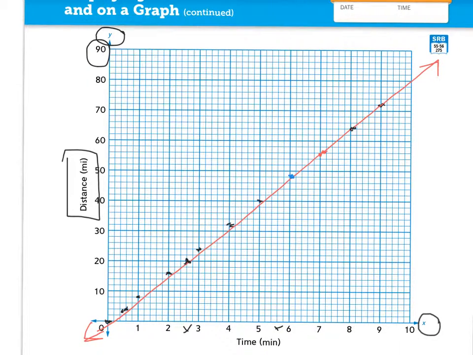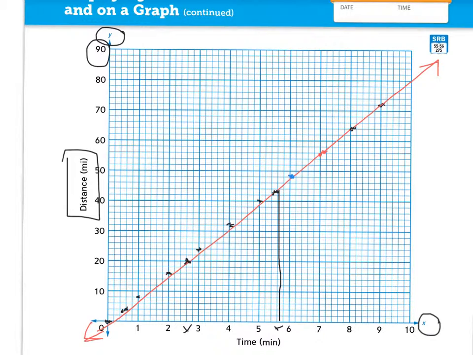So I'm going to run all the way up here, and I'm going to come up with anywhere from 42, 43, 44. It's probably going to be right about there, which is going to give me 43 miles. So for 5 2/5, it's going to be about 43 miles.